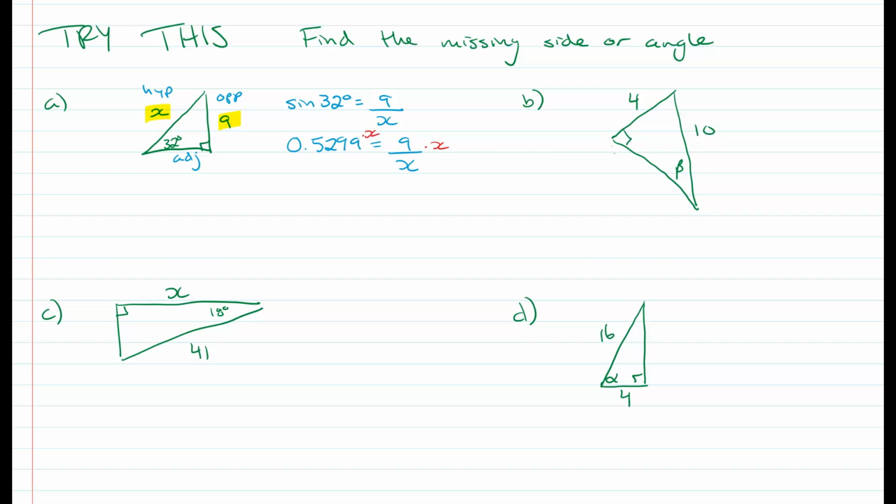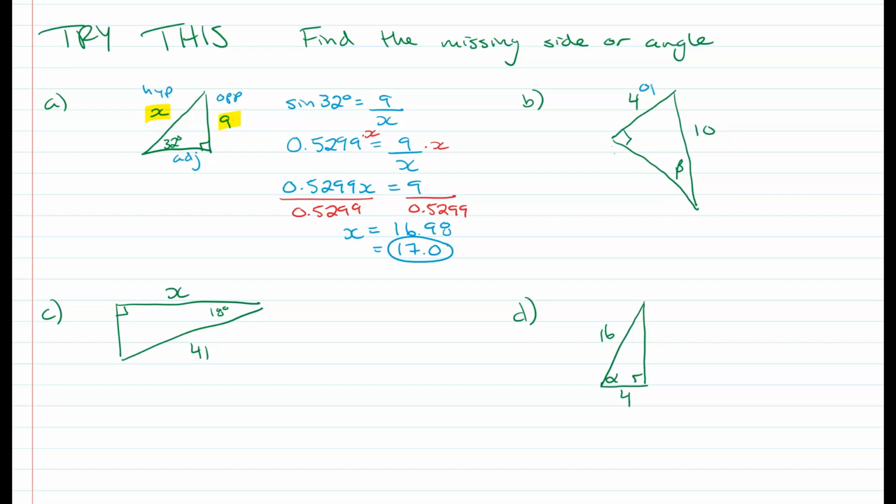I'm going to get rid of that fraction. 0.5299x equals 9. Divide by 0.5299. And I get x equals 16.98. We usually only want 1 decimal place, so 17.